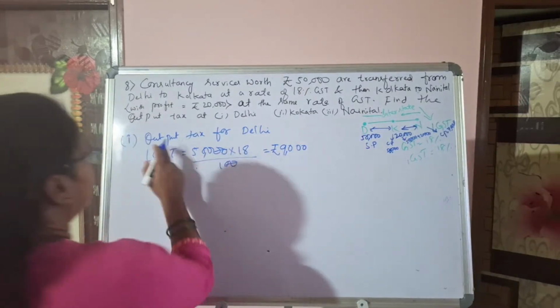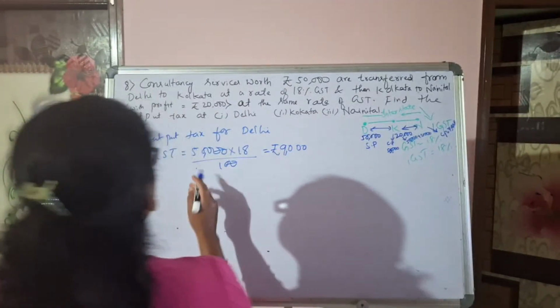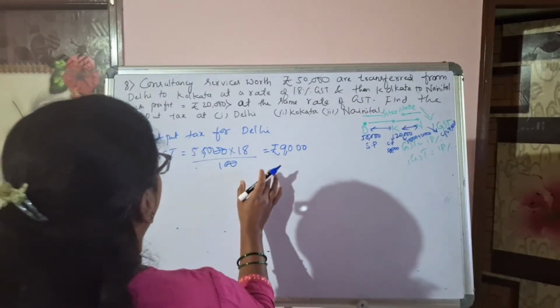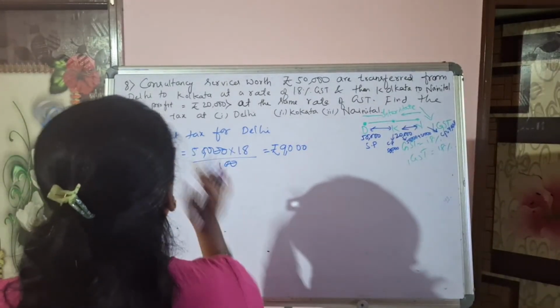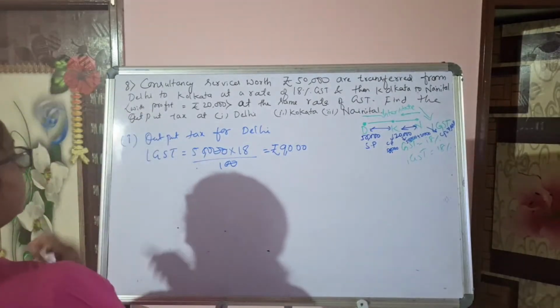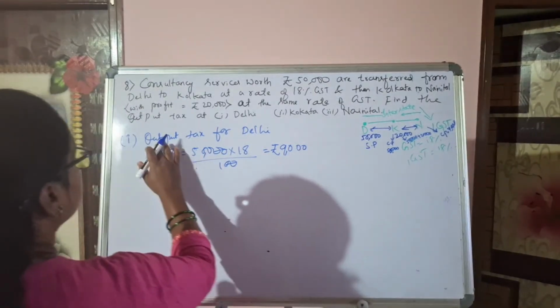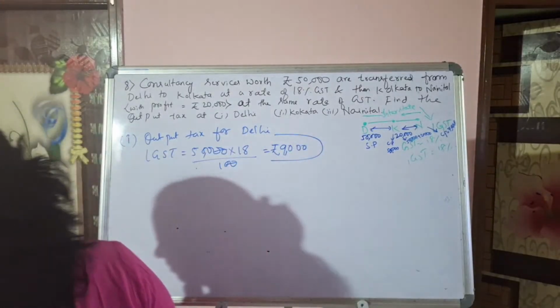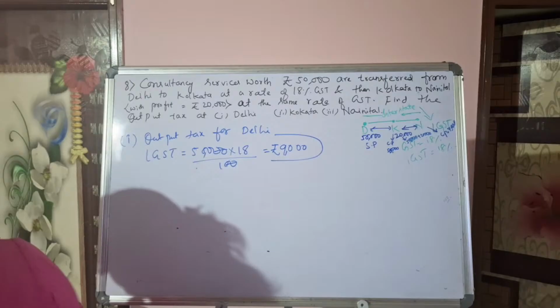So 9,000 is the IGST paid for the consultancy services. So the output tax for Delhi is rupees 9,000.